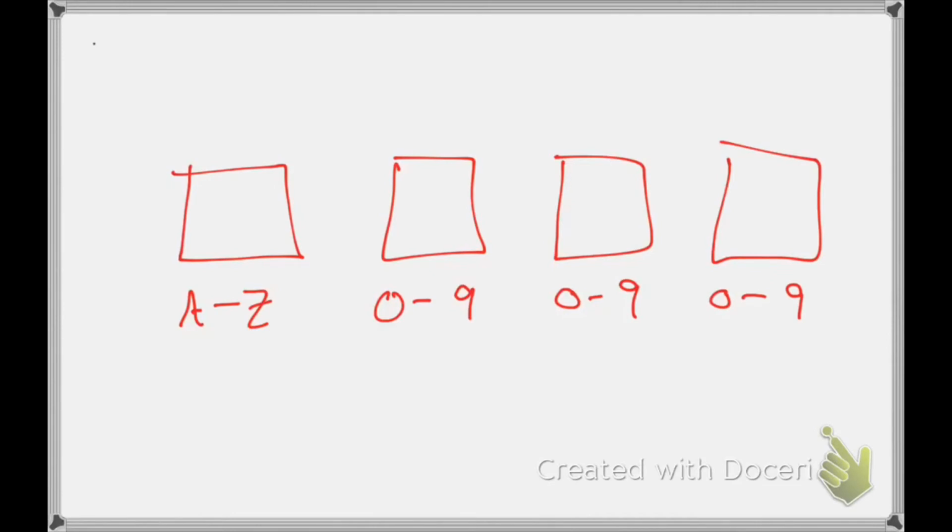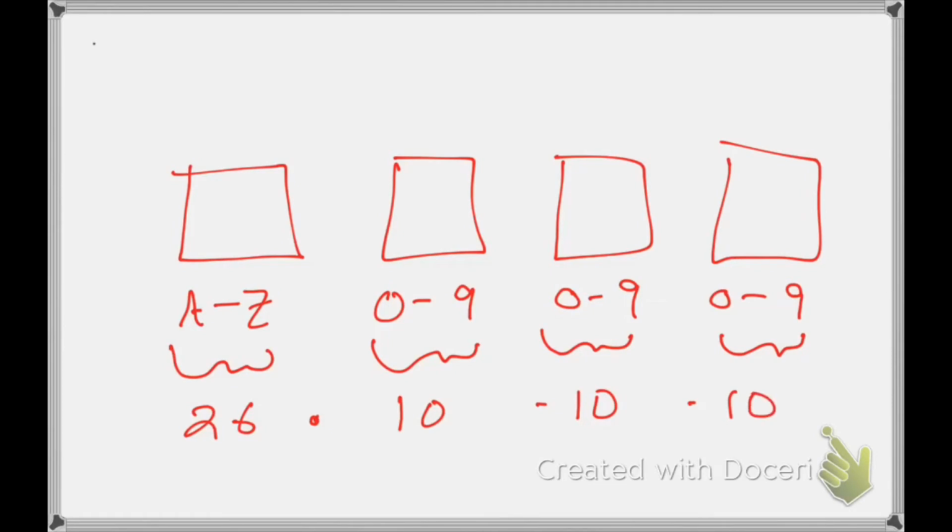So when we look at this, how many capital letters are in the alphabet? Well, I have 26. How many digits, 0 through 9? Well, there's 10 options there. We have 10 options here, and 10 options here.